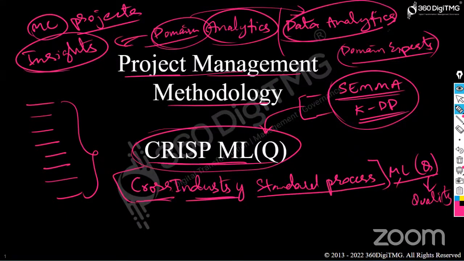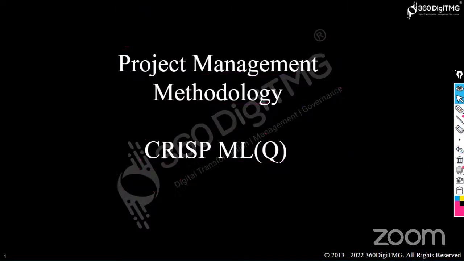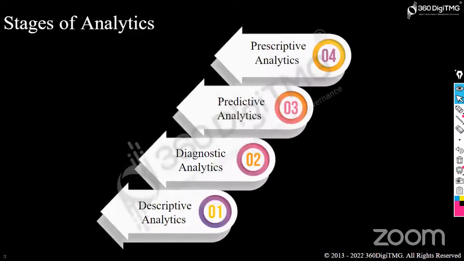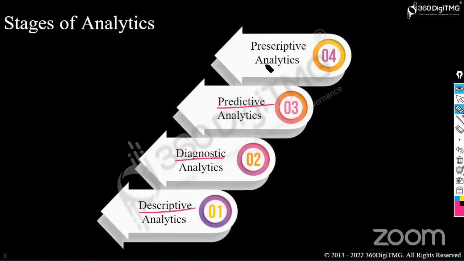So we are calling it data analytics. So this data analytics skill is required, where we have 4 steps. What are the 4 steps? First one is descriptive analytics, next is diagnostic analytics, next is predictive analytics, and next is prescriptive analytics.